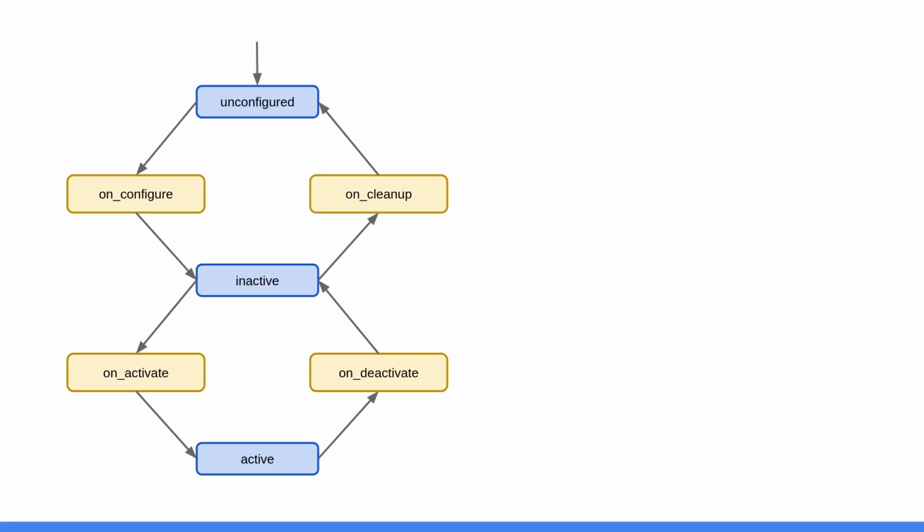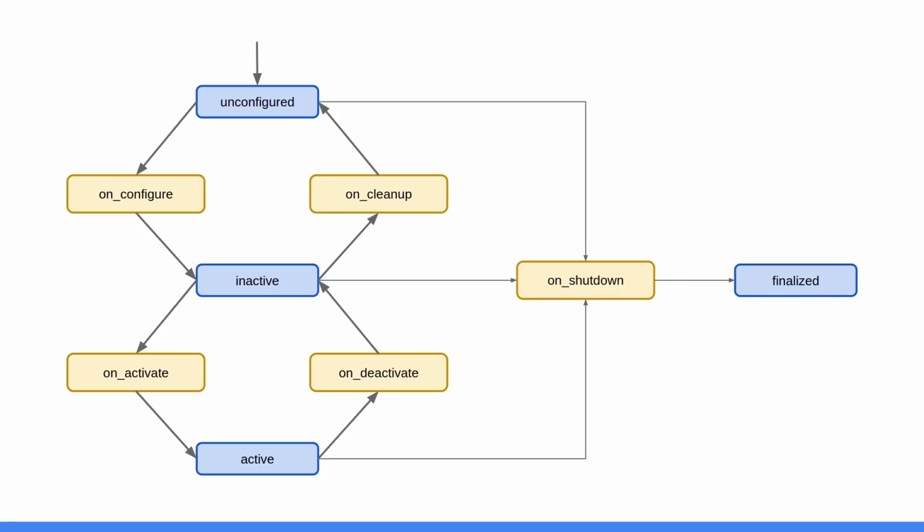And there is one more state, the finalized state. So basically when you want to stop the node, there is this onShutdown callback that's gonna be called, and you can call onShutdown from any other state. And here what you do, well, you're gonna basically deactivate and clean up everything so that the node can arrive in a finalized state, which means then, well, the node is not doing anything and we can just stop it.